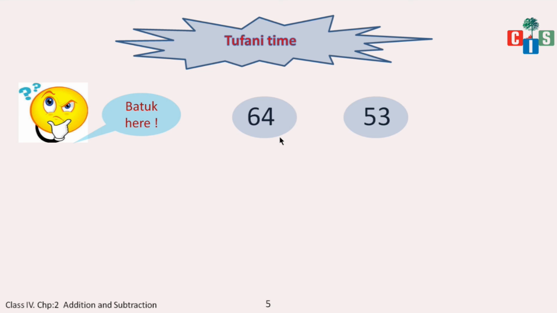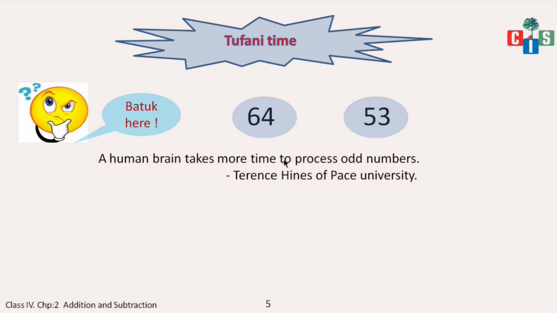Students, on average, people take 20% more time to press a button when both digits are odd numbers. See, the second number has both digits odd, and the first number has both digits even. In an experiment conducted by Terence Hines of Pace University, he concluded that a human brain takes more time to process odd numbers.